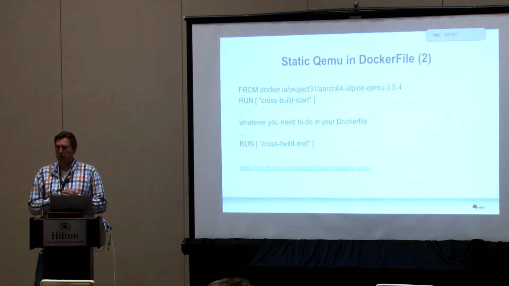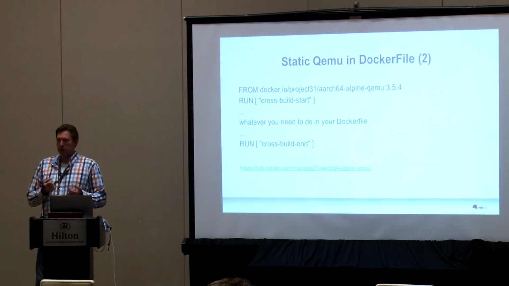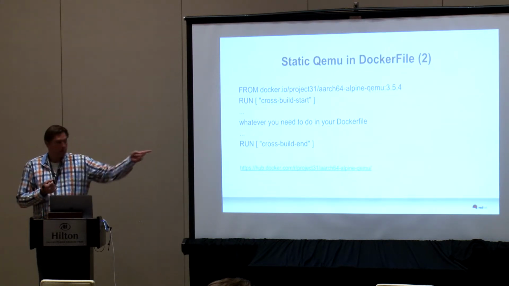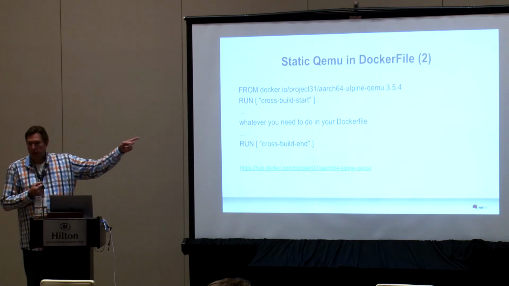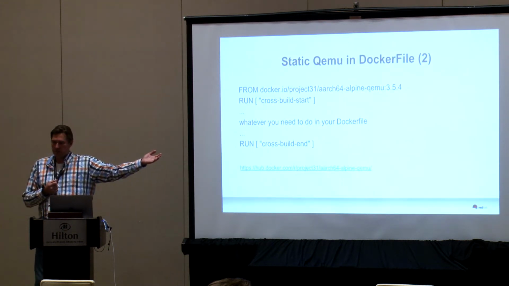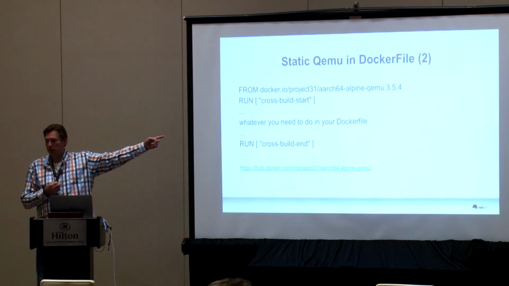So what I'm actually going to do is switch out the sh binary and replace it with my little script, that calls the QEMU binary, and then does whatever command I was going to give it. Okay, so that's called cross-build start.